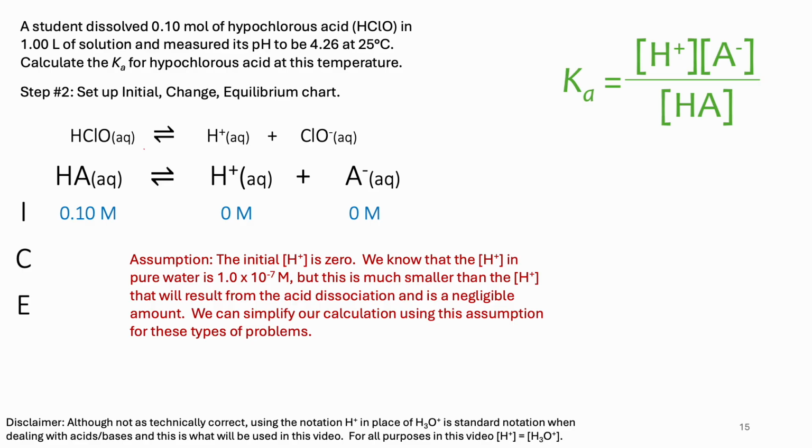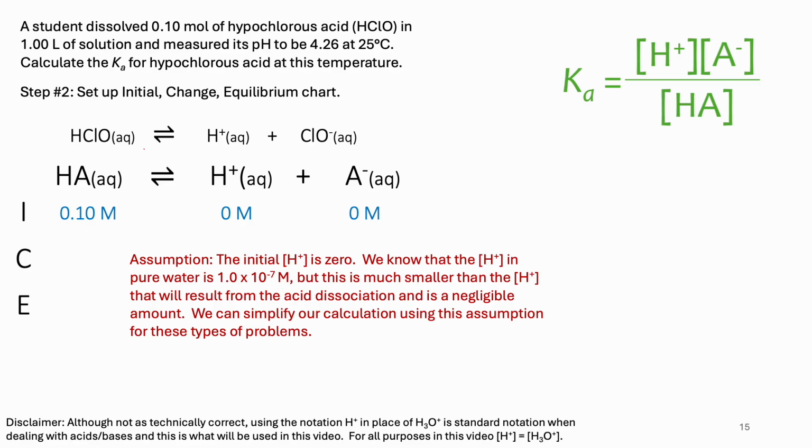We're going to make the assumption that the initial hydrogen ion concentration is 0. That's not technically true. We know that the hydrogen ion concentration in pure water is 1 times 10 to the negative 7th molar, assuming we're at 25 degrees Celsius. This is due to the autoionization of water. But this value is going to be much smaller than the concentration of H plus that is going to result from our acid dissociation.